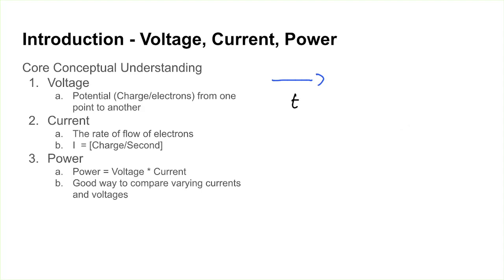And the way we really differentiate is this concept of power, which is a little harder. The general equation is that power is equal to the voltage times the current. What this helps us understand, going back to the water tower example, is that even if we have a super high potential, if the flow coming out is pretty slow, the power might be different than if we have something at a pretty low potential but really high flow coming out of it, right?